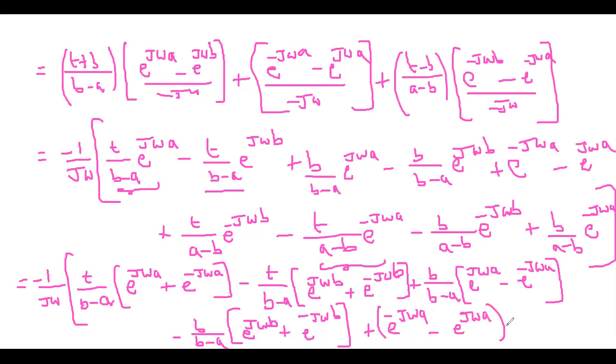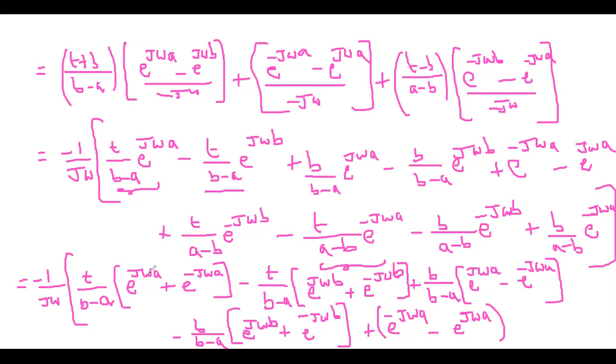Okay, my dear students. Now, in these first two terms, T by B minus A is a common. In this second term, B by B minus A is taken as a common. Okay, my dear students.